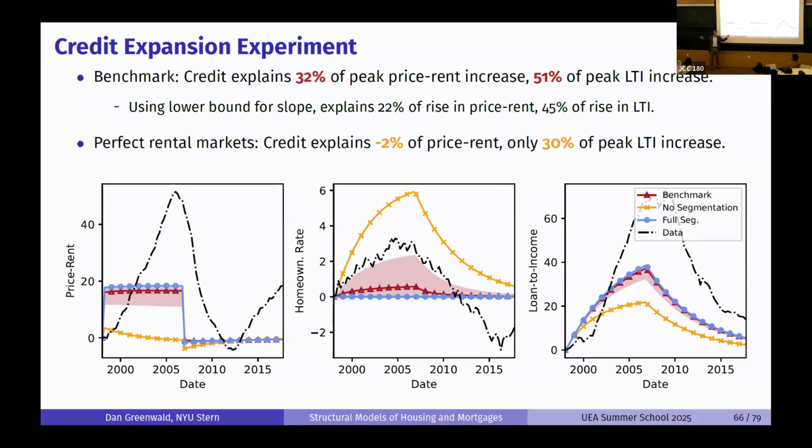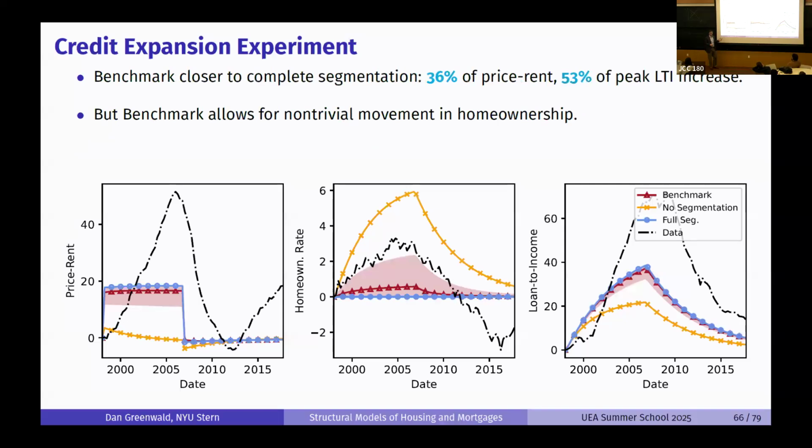Because remember, when prices go up, anyone who's LTV constrained can borrow more. The benchmark in red is actually a lot closer to the full segmentation world, although we can get a non-trivial movement in the home ownership rate, whereas the full segmentation world would get nothing, right?